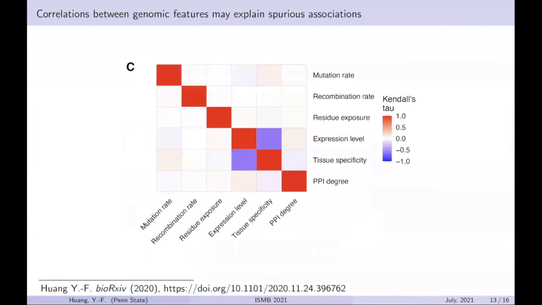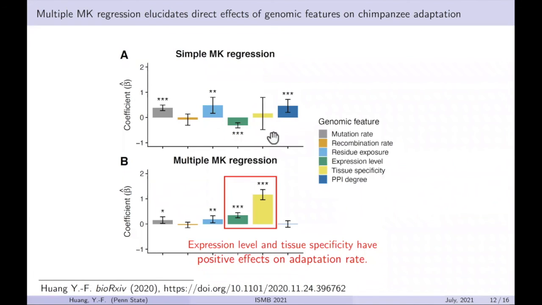Indeed, when we look at the correlation between the 6 genomic features, we can clearly see strong correlations between expression level, tissue specificity, and PPI degree. That's why they have different regression coefficients between the simple MK regression and the multiple MK regression, because the multiple MK regression can control for the effects of other features when it estimates regression coefficient.